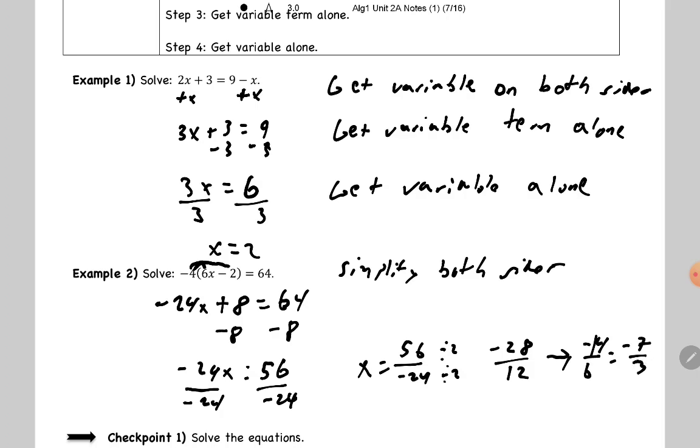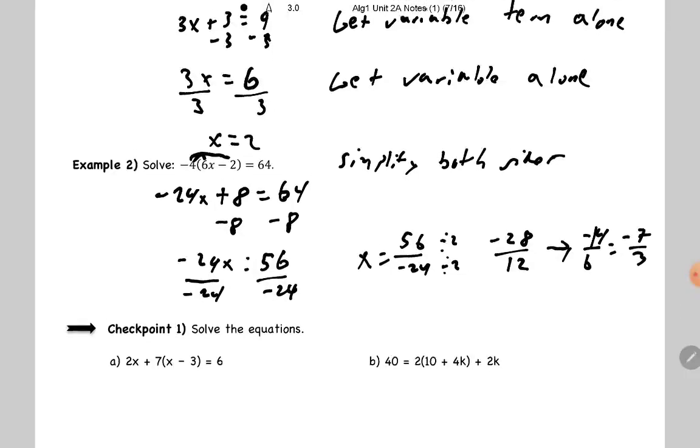So you could have divided by 8. Yeah, 8 goes into 56 7 times, 8 goes into 24 3 times.